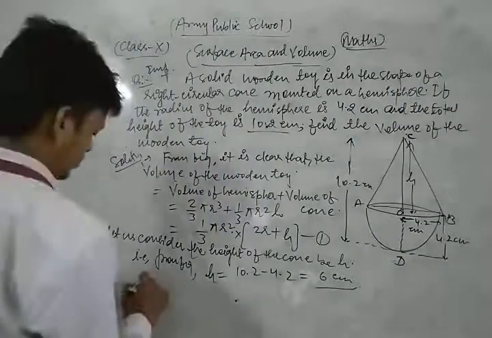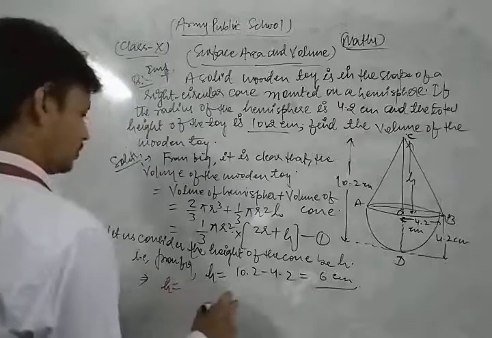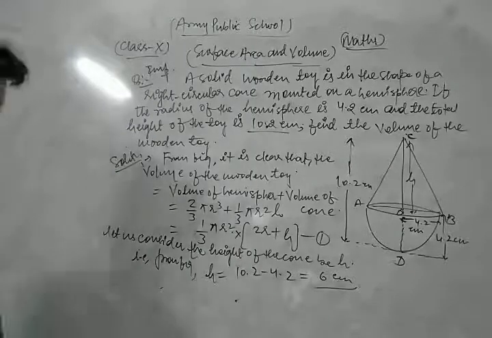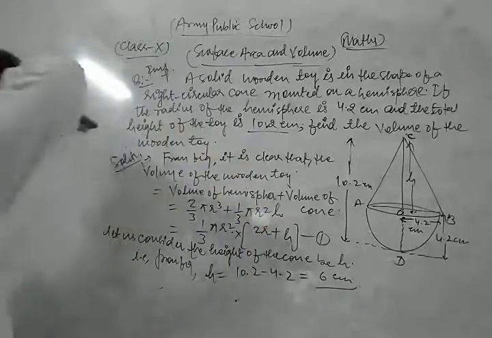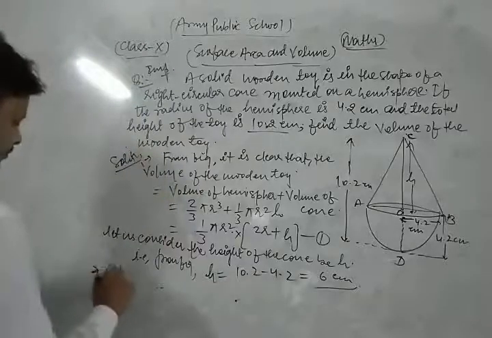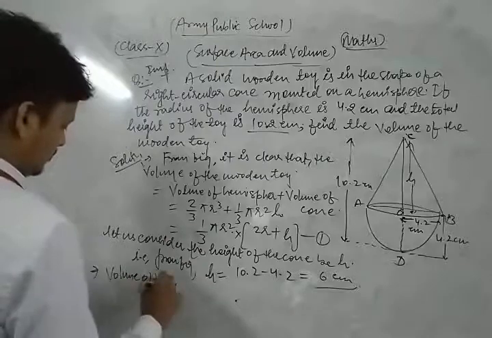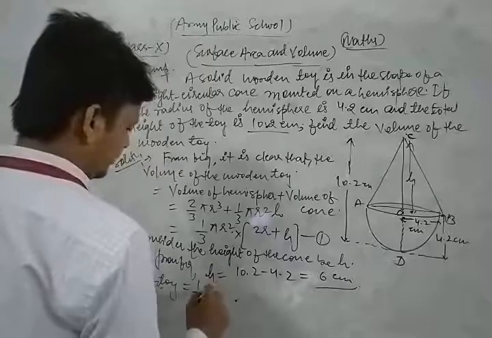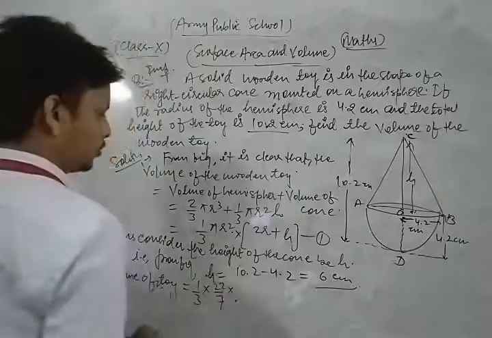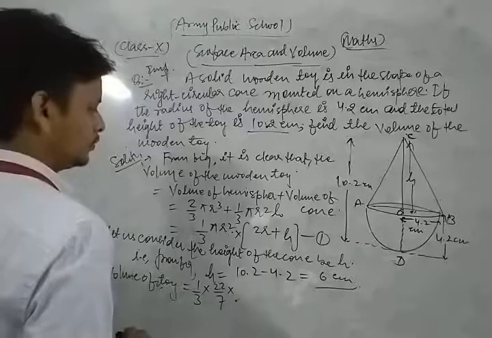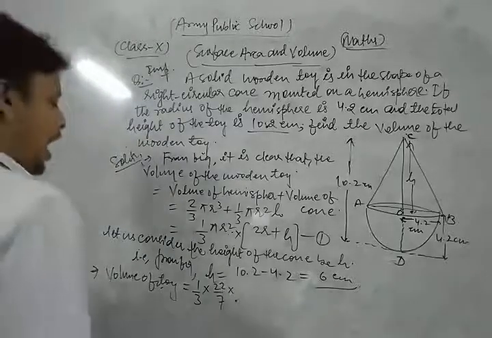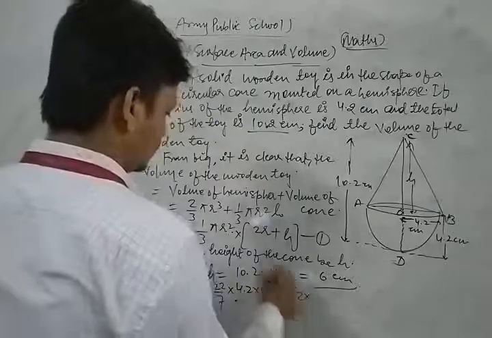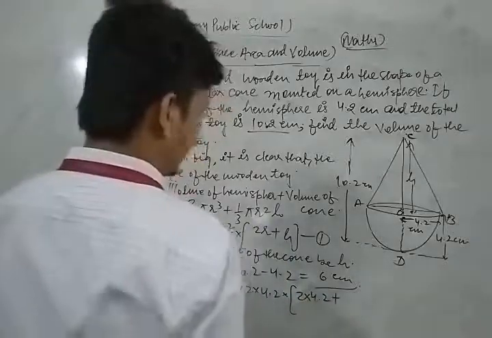Look, so volume is equal to 1 by 3 pi r square, r is 4.2 now, so 4.2 into 4.2, into 2r plus h, means 4.2 plus h means 6.